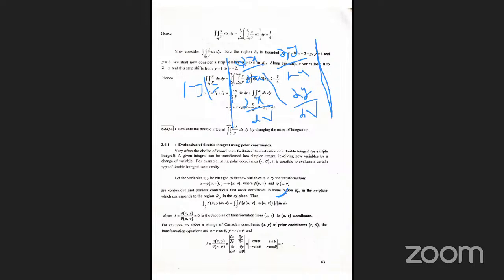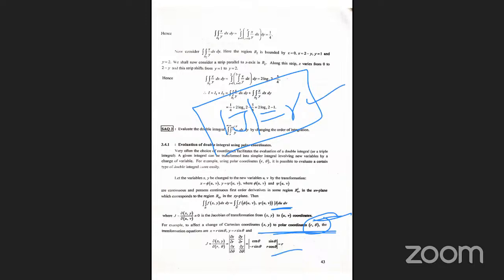So dou x by dou u into dou y by dou v minus dou x by dou v into dou y by dou u. This is the formula. If they give polar coordinates, we change to polar coordinates and the Jacobian we can write directly as r.